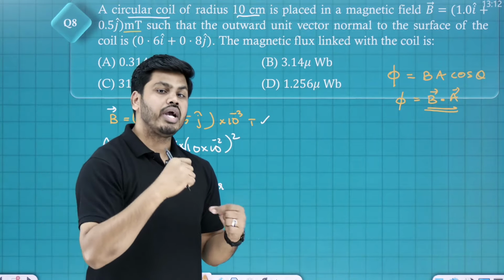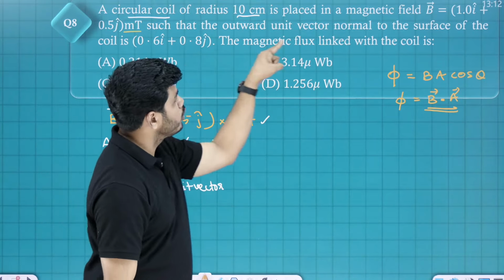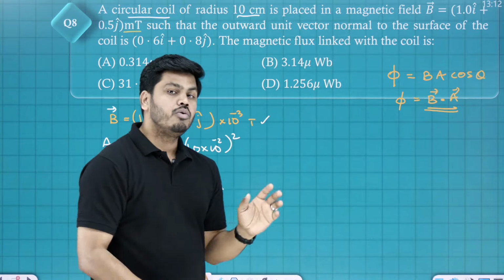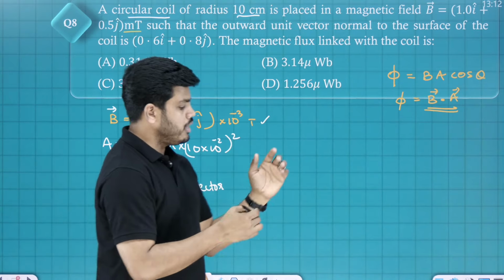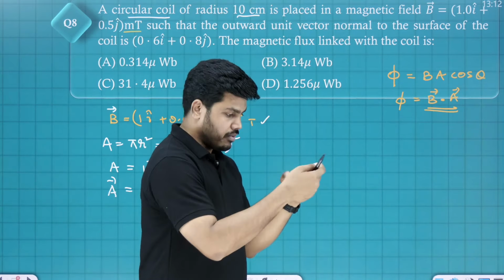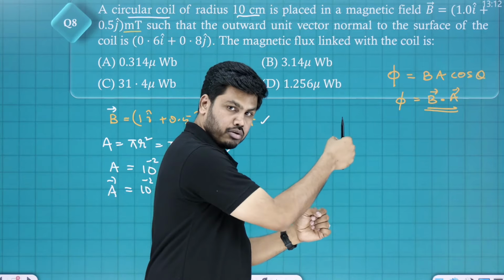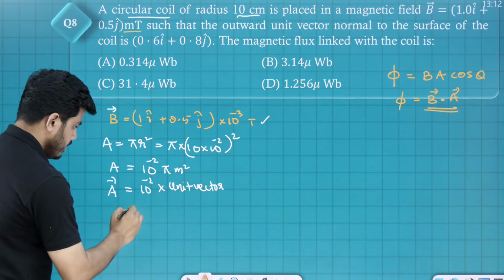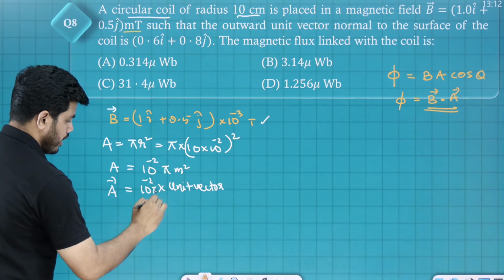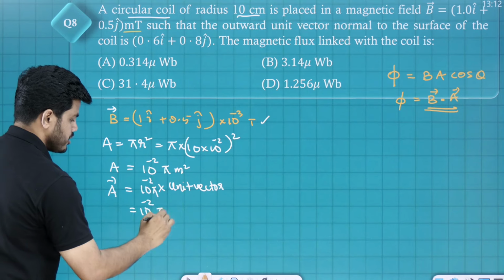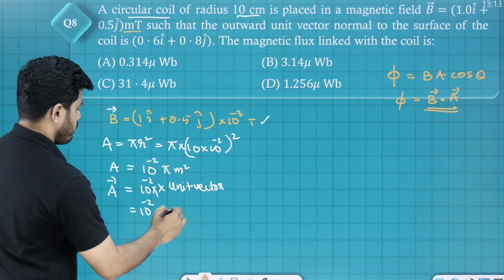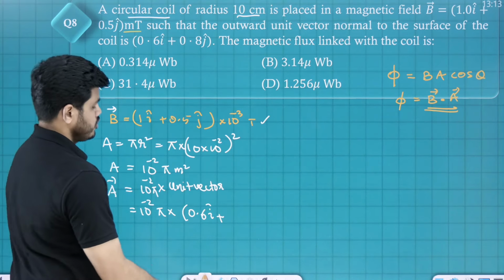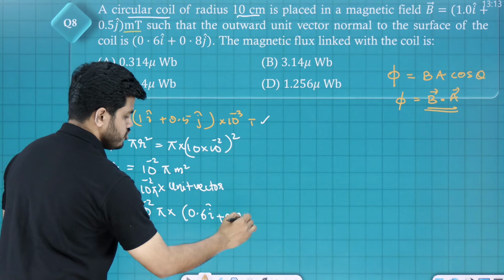You are given the outward unit vector normal to the surface. We know the area of any loop is going to be normal to the surface only, correct? If you have a circular loop of wire, the area will be perpendicular to the plane of the loop. So that unit vector is given. We just have to multiply 10 raised to minus 2 pi with 0.6 i cap plus 0.8 j cap.